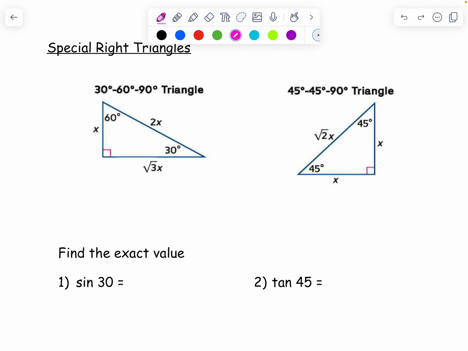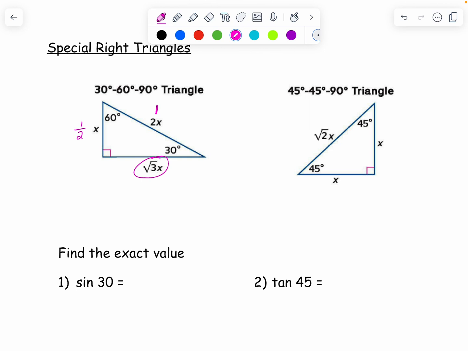Now, we can use this, and we're going to go ahead and take a look. We're going to start kind of working our way towards some stuff we're going to learn in 4.3. But let's say for both of these that I had a hypotenuse of 1. So if my hypotenuse is 1 here, well, we know the hypotenuse is twice as long as the short leg, which means that the short leg is half of the hypotenuse. So that means x would have to be 1/2.